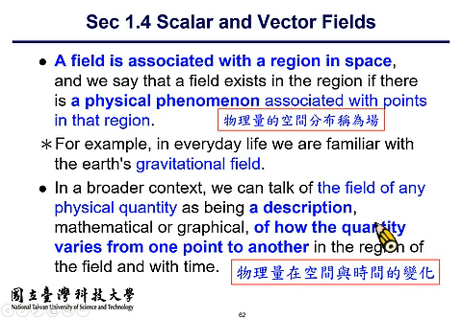All right, so let's go back to these slides. We have fields. They are physical phenomena. And we are more interested in those physical quantities, physical parameters, and their variation.